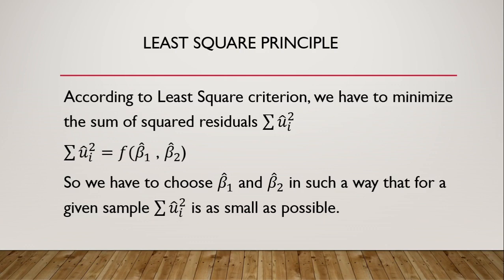So we have to choose beta 1 hat and beta 2 hat in such a way that for a given sample, sigma ui hat square is as small as possible. We are trying to minimize the sum of the squared residuals. We want to make sigma ui hat square, which is the sum of the squared residuals, as small as possible.